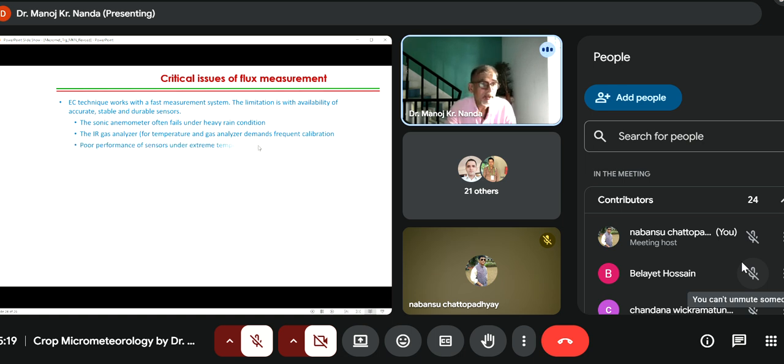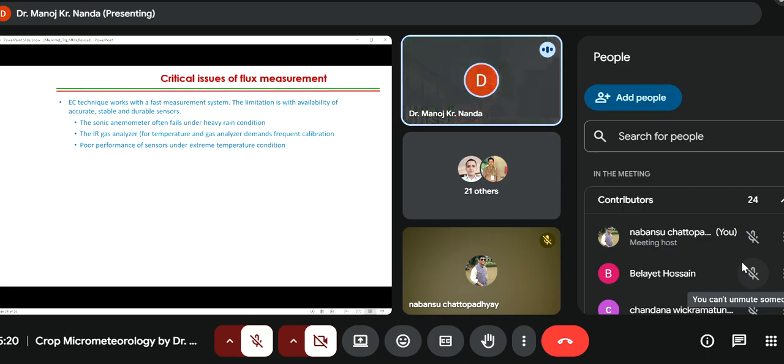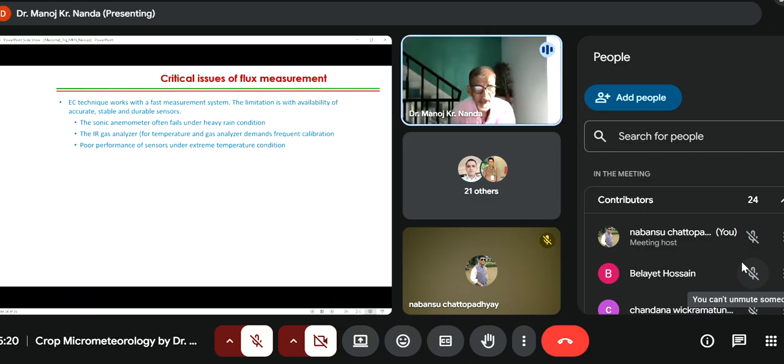That is also an issue. And there is poor performance of sensors in extreme temperature conditions, because these sensors are all electronic sensors based on the electronic properties of the sensing materials. They have certain measurement limitations. If you are going to an extreme range, sensors may not give you accurate measurement. So these are the general limitations of EC techniques.